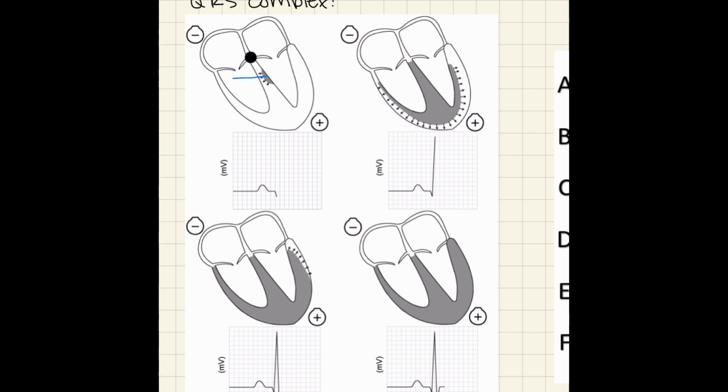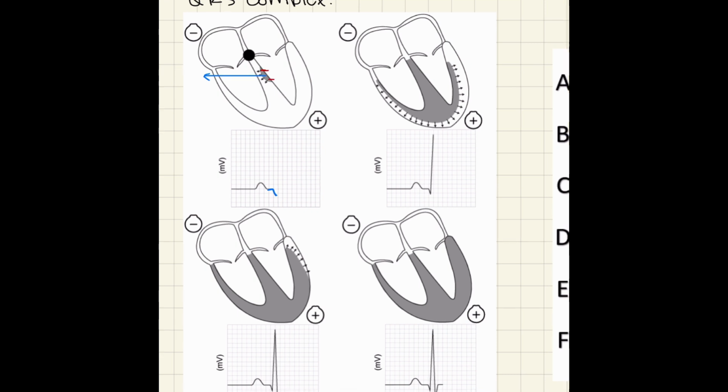So initially we depolarize pretty much straight left, and then the right side catches up. As we depolarize to the left, that's what creates our Q wave. That causes a small deflection downward because we have this negative charge pointing to a negative sensor. Overall we're pointing negative, because it's a little bit closer to this sensor than that sensor.